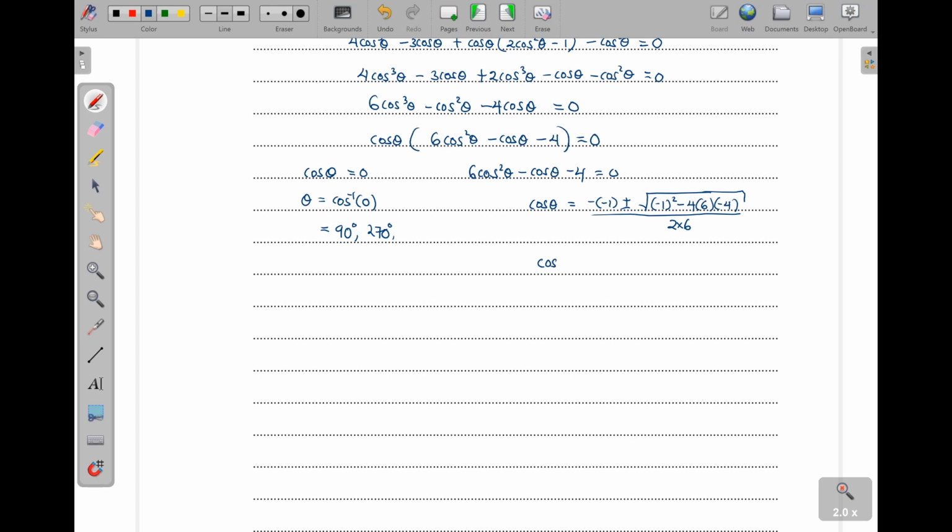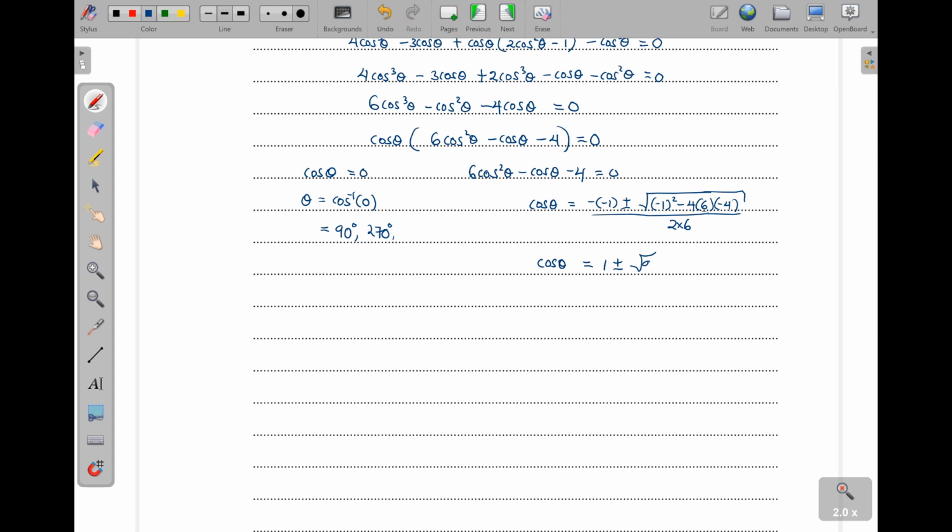Okay, so cosine of theta is going to be equal to 1, then plus or minus, this is 4 times 6, 24, 24 times 4, that is 96. So plus this one that comes from here, that is 97. Remember, this is minus 4, and then this is a minus. The negative times the negative, that's a positive.